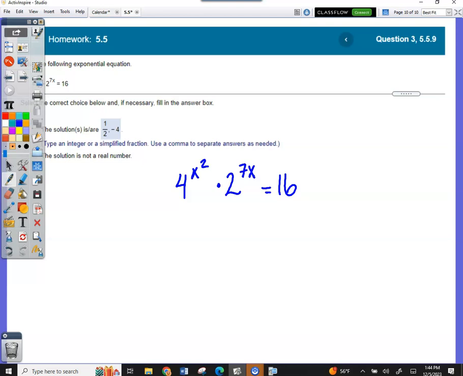They are all divisible by 2. Can I rewrite them as powers of 2? Yeah. 4 can be rewritten as 2 squared, right? And then you've got x squared. And then 2 right here, leave alone. And then 16 is 2 to what power? 2 to the 4th.